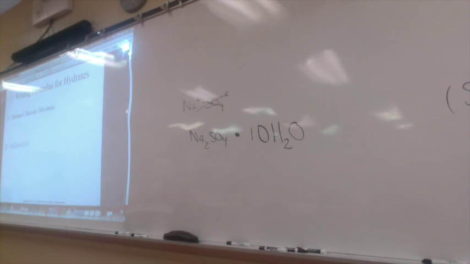So barium chloride dihydrate, BaCl2 dot 2H2O. Thumbs up if you got that. All right, who wants the last one to name it? Go ahead, Emily. Iron 3 chloride hexahydrate. Yep, iron 3 chloride hexahydrate. Great, all done.